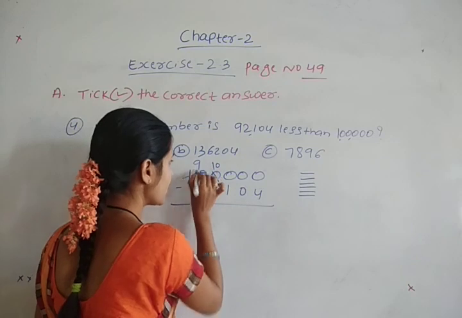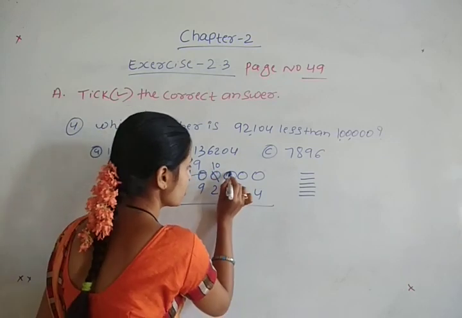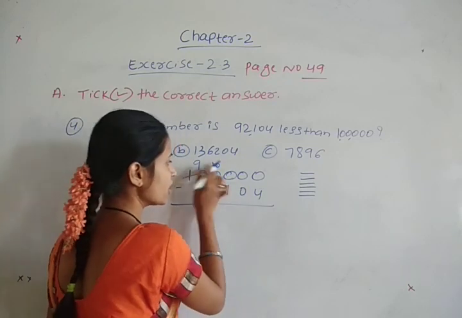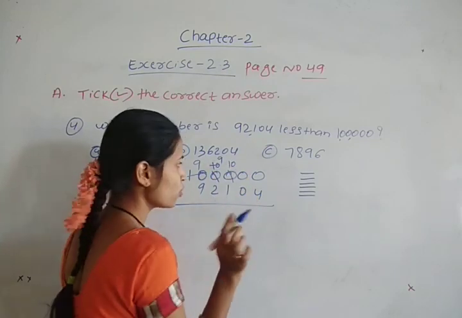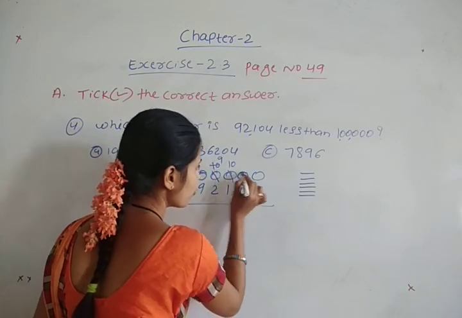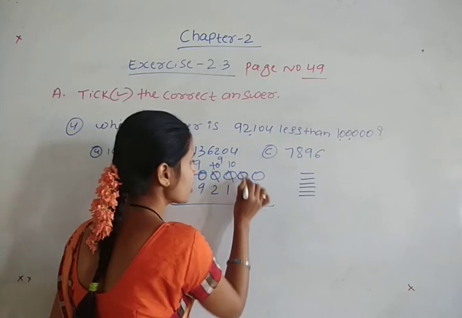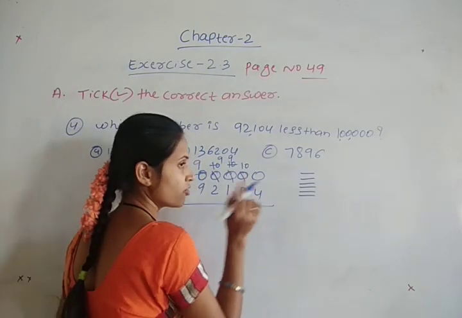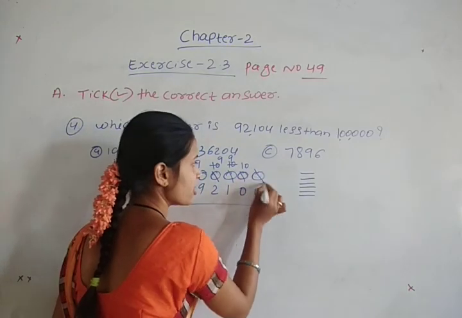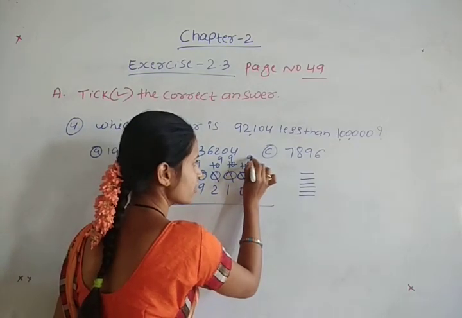Here we are left with 9. For this, if I take one borrow from this 10, it becomes 10, and here we are left with 9. Now for this, if I take one borrow from this 10, it becomes 10, and here we are left with 9. For this 0, if I take one borrow from this 10, it becomes 10, and here we are left with 9.